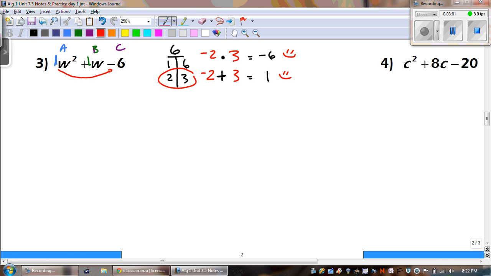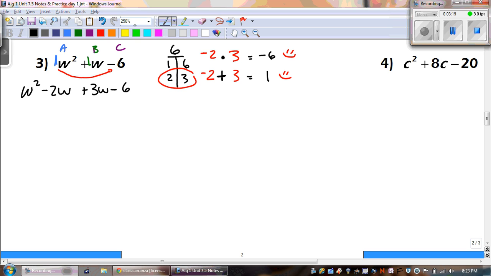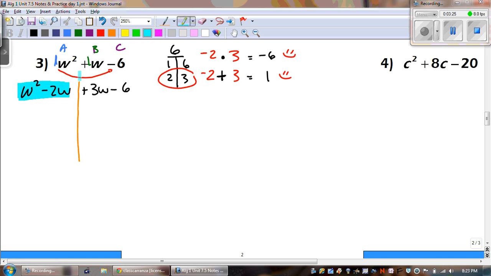Okay? So the next part is we start writing it down. We have w squared minus 2w plus 3w minus 6. Okay, so now what we do is we draw the line down and we have our two parts.